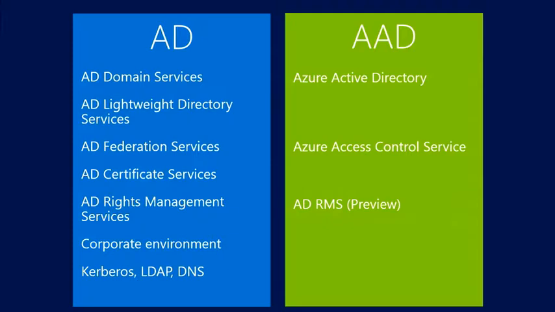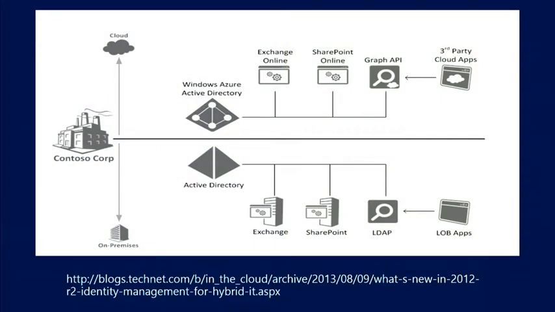So now there's a preview that you can go and play with. It obviously sits in the cloud. And the protocols that we use to access it are the REST protocols that I mentioned, SAML-P, the protocol, WS-Federation, OAuth, and the Graph API.